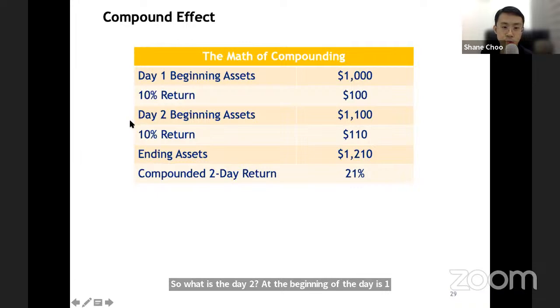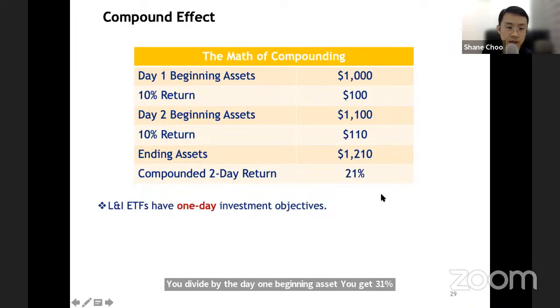Then if day 2, they still deliver another 10% return, so you get 110 ringgit. So at the end of the day, the ending asset is 1,210 ringgit, correct? You get 1,100 plus 110, you get 1,210. So if you take 1,210, you divide by the day 1 beginning asset, you get 21% return. Okay, makes sense, right?